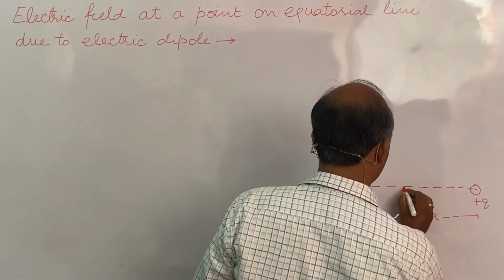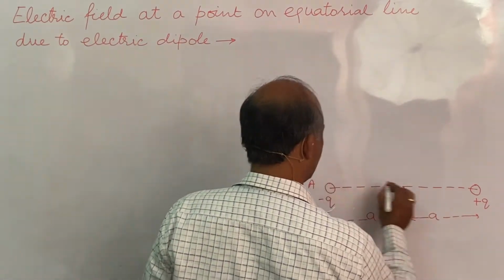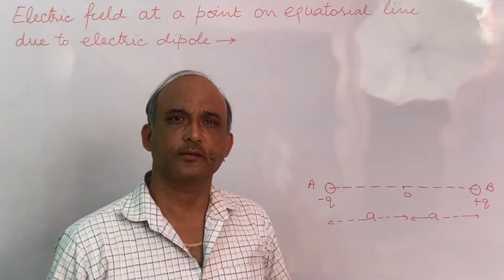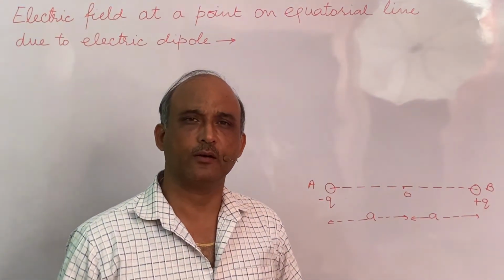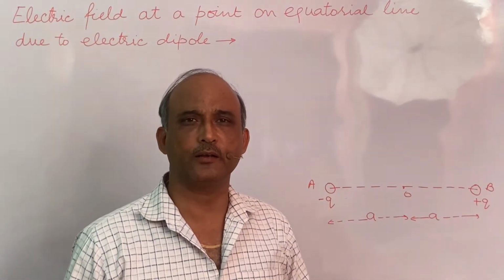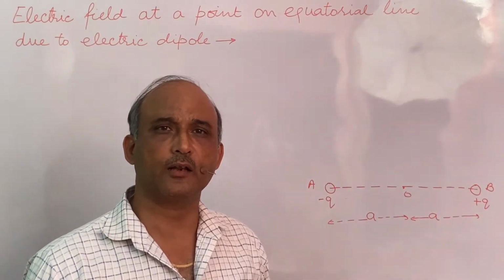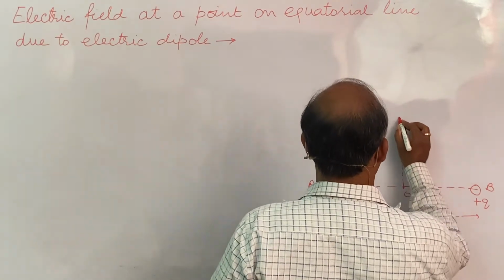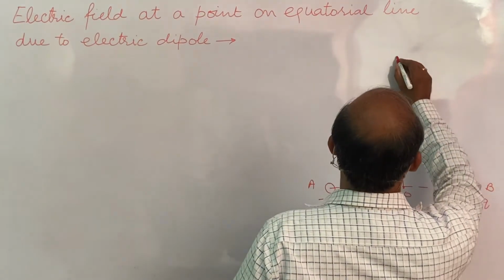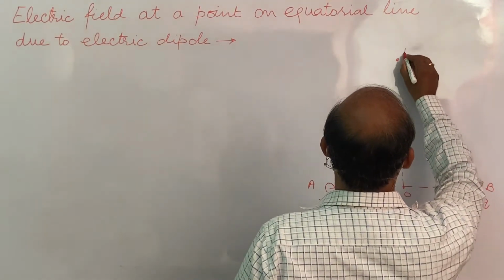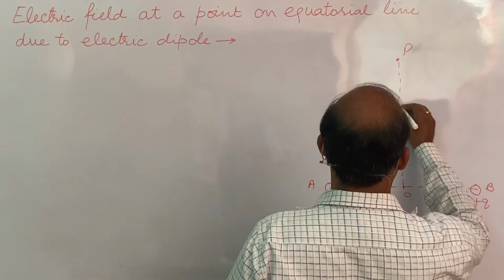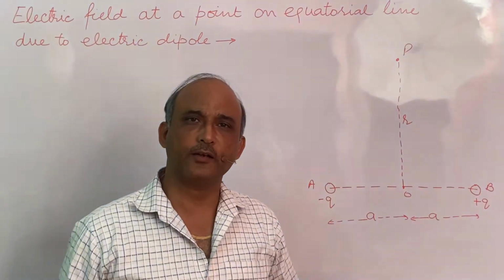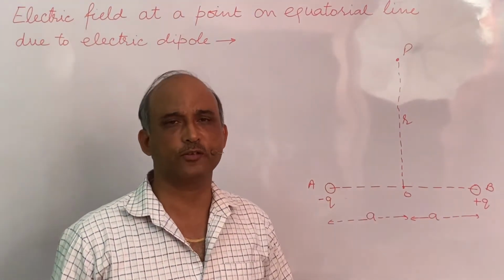This is point O, A and B. There is a point P on the equatorial line at a distance r from the center of the dipole, at which the electric field due to this dipole is to be calculated.